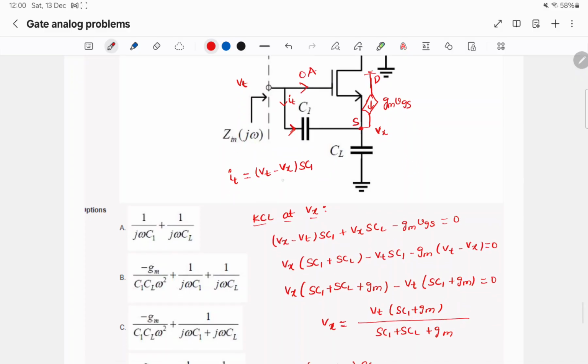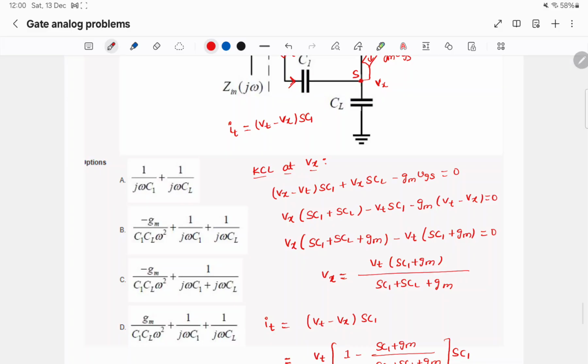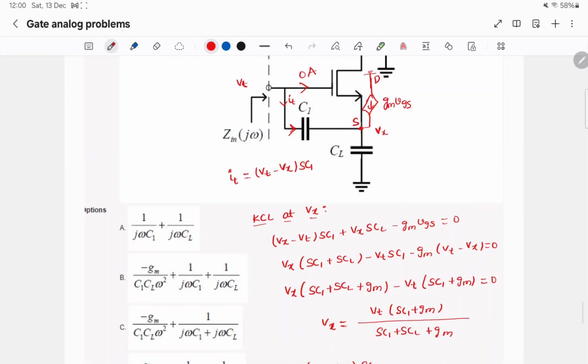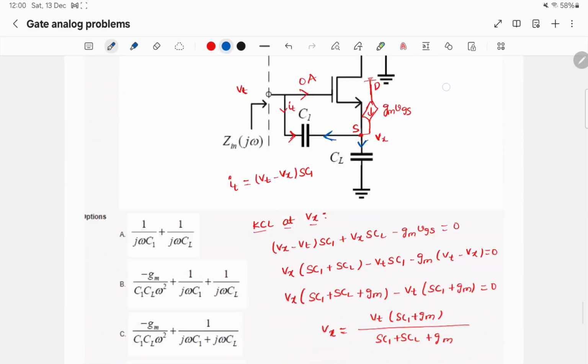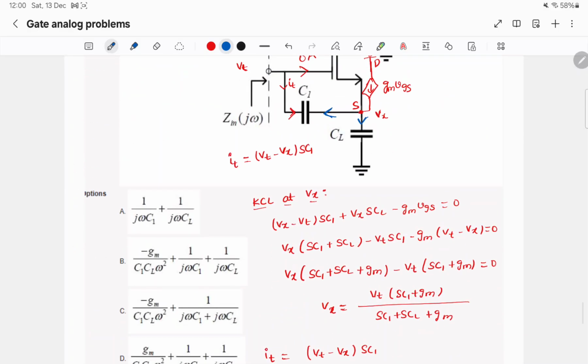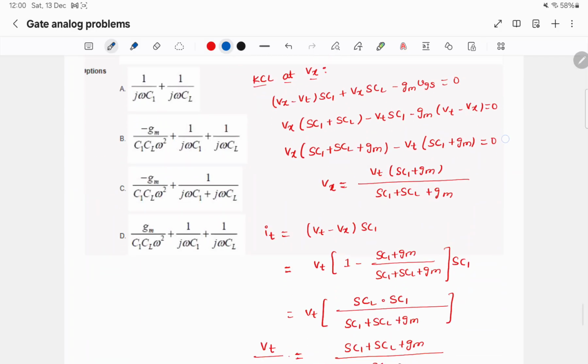ID is Vt minus Vx into SC1. If we apply KCL at Vx, the current flowing in this direction is Vx minus Vt into SC1, and this current is Vx into SCL, and the current flowing in this direction is minus GM VGS.